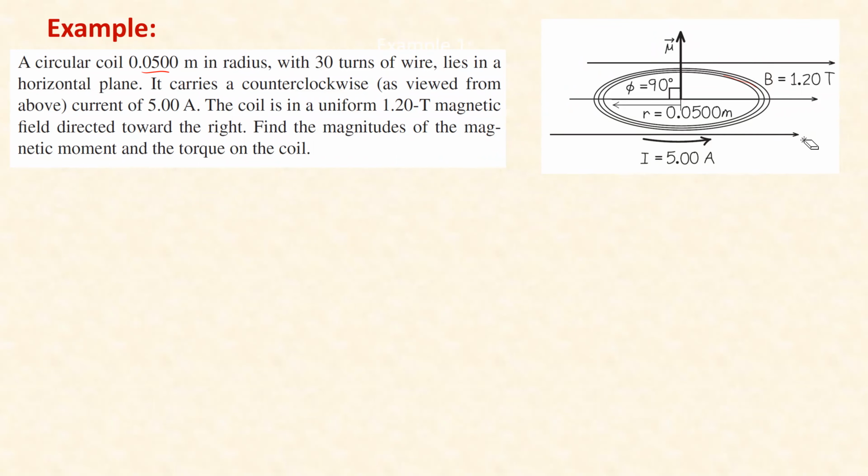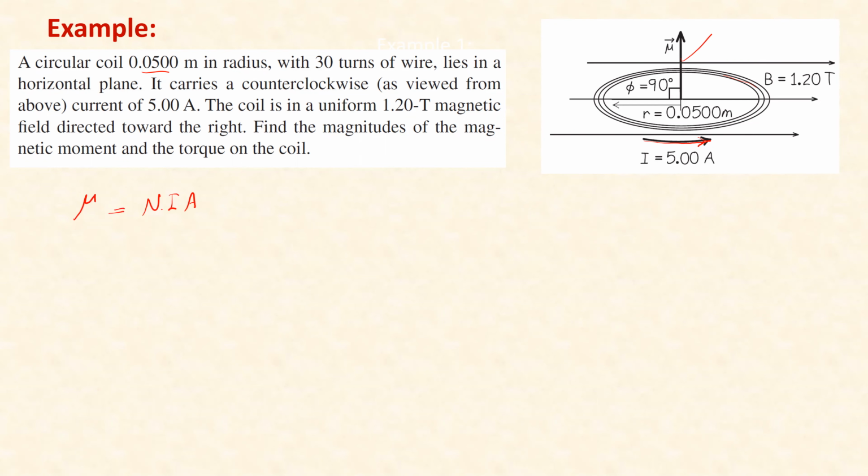And then what is the magnitude of it? So if the current is going this way, as shown, you put your four fingers of your right hand in that direction, your thumb shows up. So this is the direction of the magnetic moment. And what is the magnitude of that? Magnetic moment mu has a magnitude that is Ni times the area.